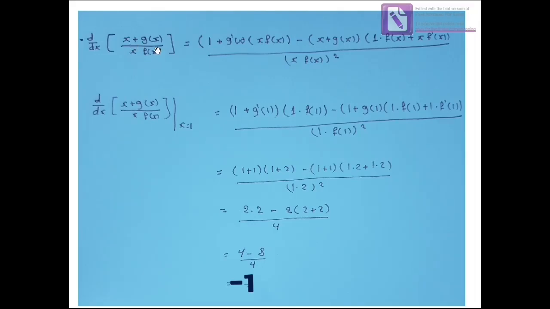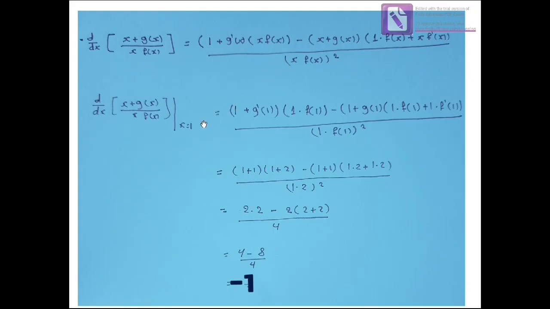Derivative of x plus g of x will be derivative of x, 1, plus derivative of g of x, g prime, multiplied by x f of x, minus (x plus g of x) multiplied by the derivative of x f of x. Here we need to use again the product rule. Derivative of x will be 1 multiplied by f of x, plus derivative of f will be f prime multiplied by x, and we divide by (x f of x) all squared.